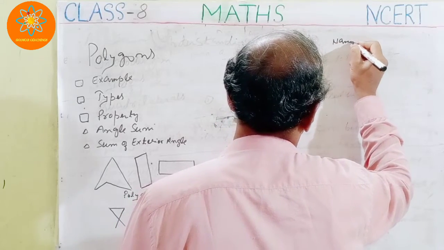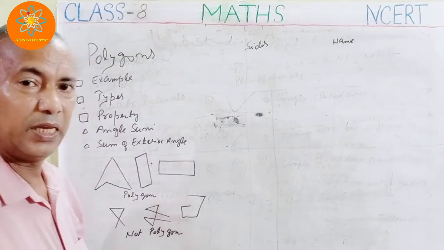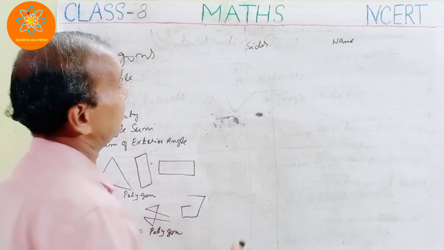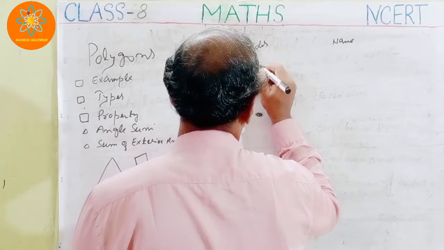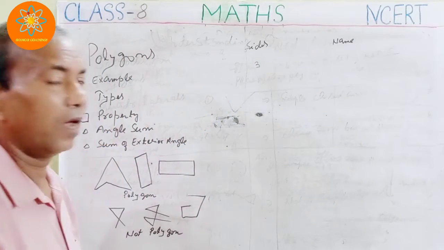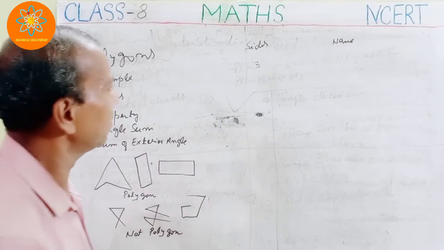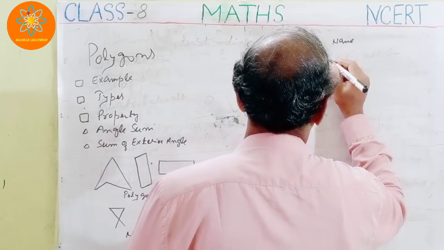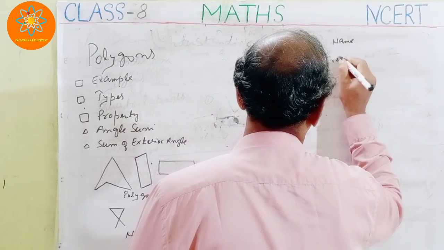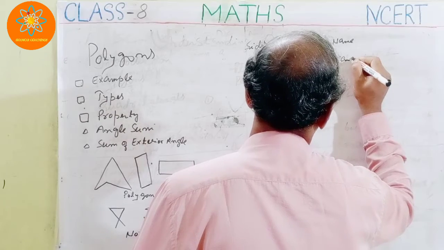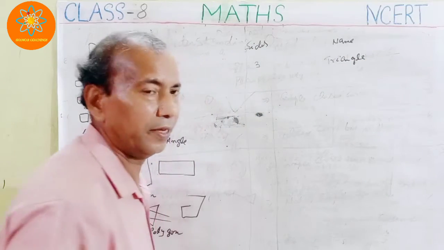If the sides are 3, it is obviously tri, so it is a triangle.